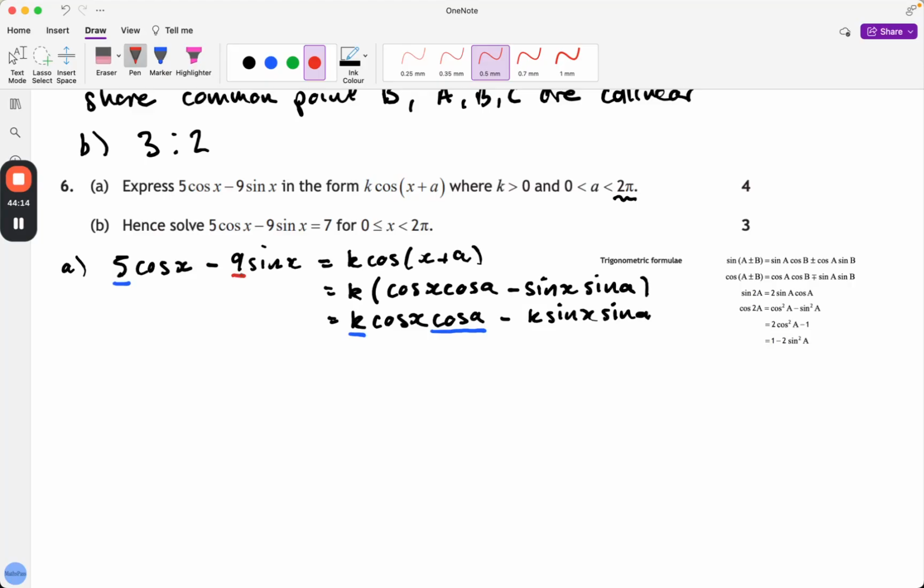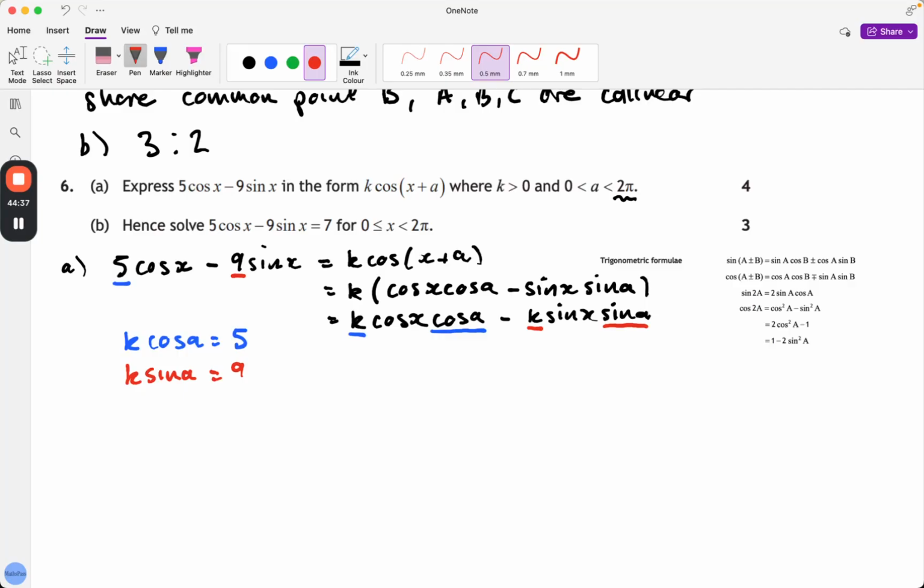So because you've got a 9 in front of your sin x, then we can see over here we've got a k and a sin a getting multiplied by our sin x. So that tells us that our k cos a is equal to 5, and it also tells us that our k sin a has to be equal to 9, just by comparing those two things there.